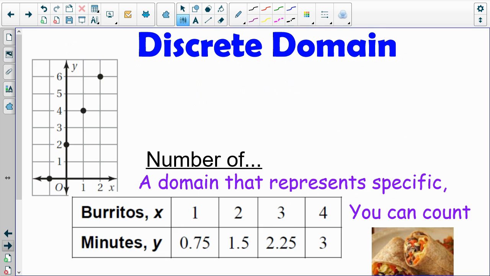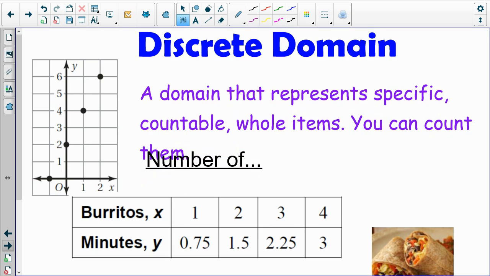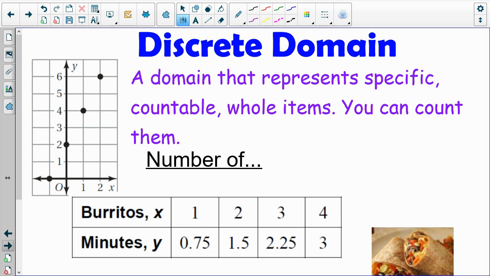When you write discrete, I need you to write down a definition. So discrete domain, so it's only the x's that determine this. Will you please write down, it's a domain, so the x's, that represents specific, countable, whole things, like pencils, calculators, bells, people.